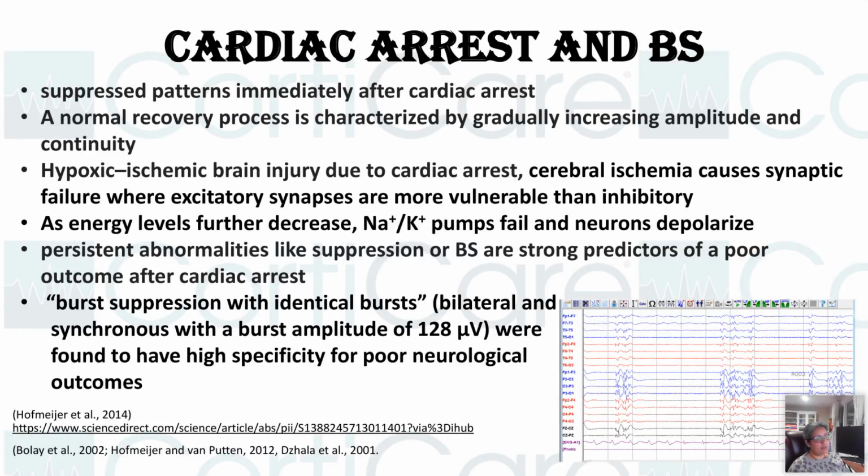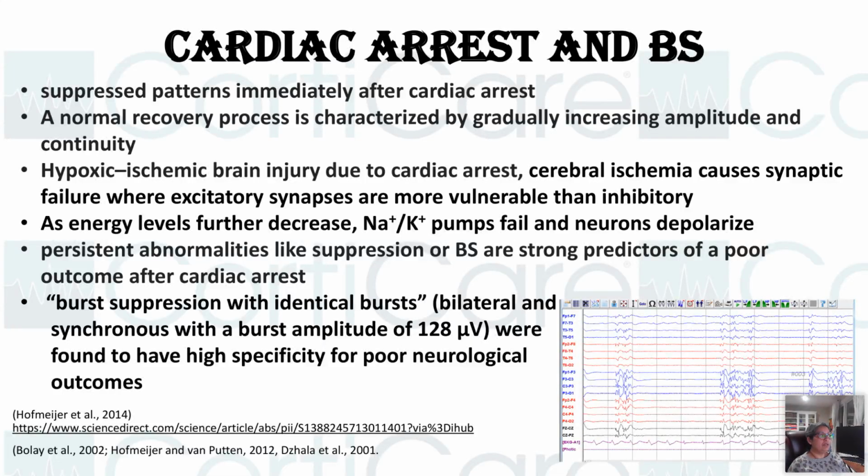A brain which is not significantly affected by the anoxia and the ischemia will start to recover. And gradually you will see changes in the EEG pattern. From burst suppression, it may become discontinuous, to near continuous, and then maybe continuous. There will be an increase in the frequency and an increase in the amplitude of the background.